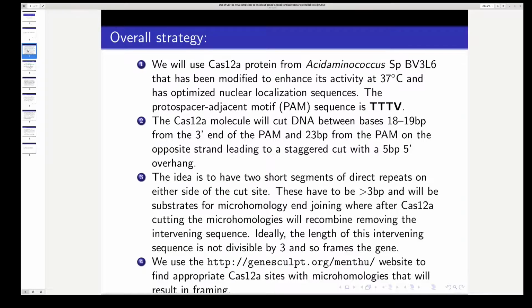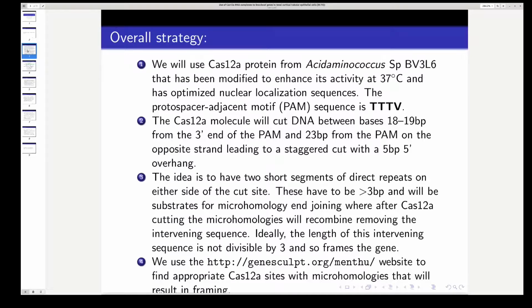So how do we do this? Well, actually, it's quite an intense computational task, and we use the GeneSculpt.org MENFU program. And so it will search your favorite gene, as long as you have the GenBank or EMBL accessions, and it will look in the exons and find Cas12a sites with microhomologies on either side of the cut sites.